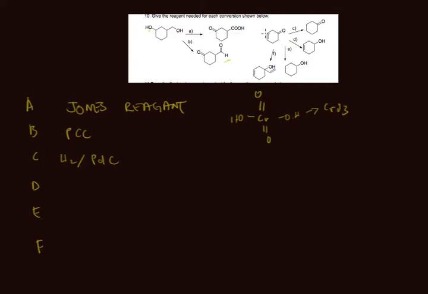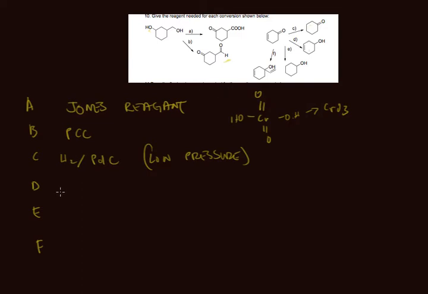The kicker is that you want to leave this ketone group on, so it needs to be at low pressures, because H2, Pd at high pressure will also reduce this ketone group down to an alcohol.